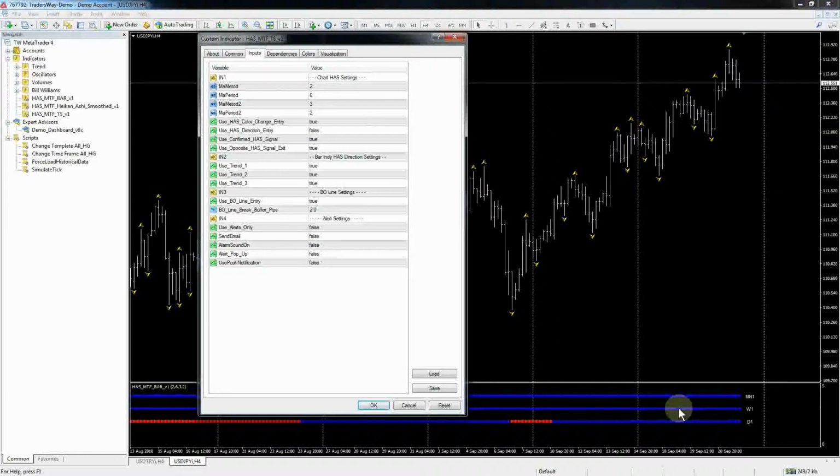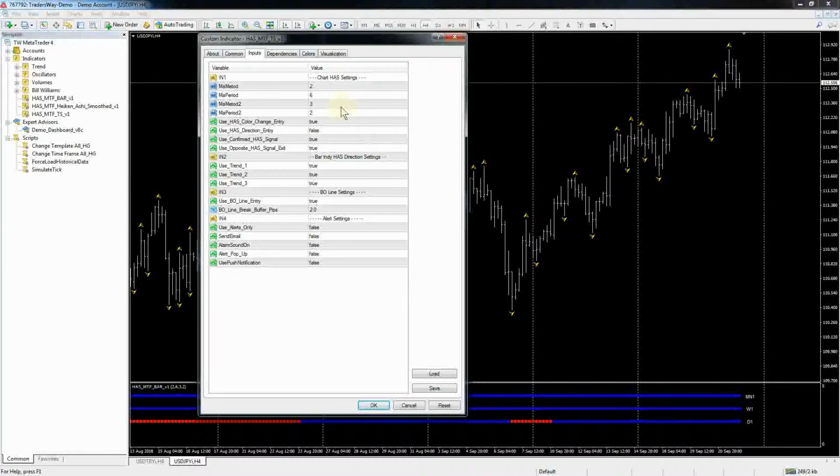So if you want, you can have a different time frame period hash up here on your chart and a different one down here, although these will all be the same. You can't use a different one for each one of these, but you can use a different one up here. And remember, this TS draws the hash up here for you, so you do not have to put a hash indicator on here, so don't do that.